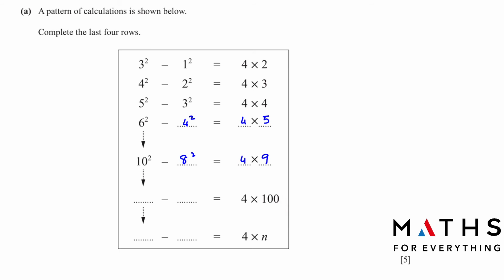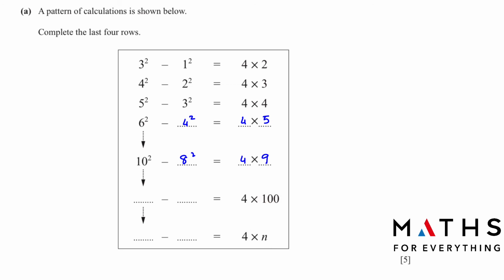What does that give us? 4 multiplied by 100 is 400. How do we get 400 here? Let's again look at the sequence. What are you seeing? That if you have 3 here, you multiply 4 by 2. If you have 4 here, you multiply by 3. If you got 5, you multiply by 4. So if I have 100 here, this is always one more than the number here.